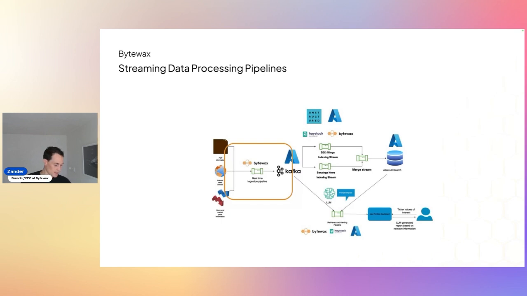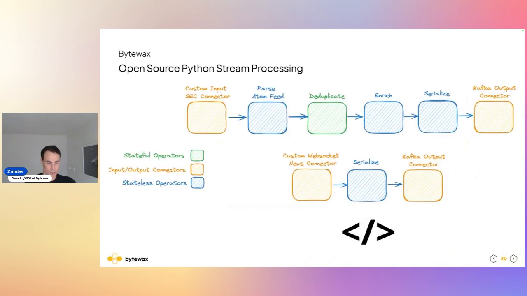Okay, so with the time remaining, we'll quickly look at what a Bytewax workload is. We call those data flows, and we'll look at the anatomy of a data flow, and at two of the pipelines that are part of this ingestion in this overall workshop. What you're looking at are two diagrams of pipelines.